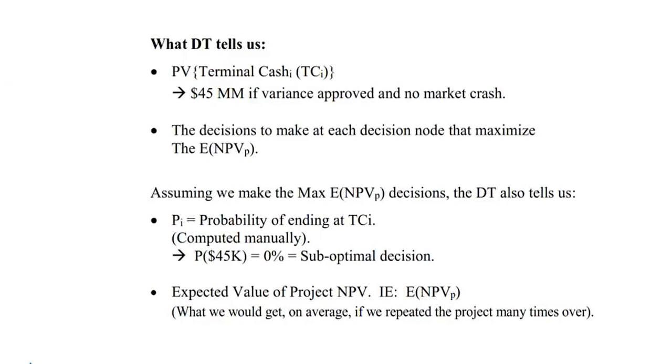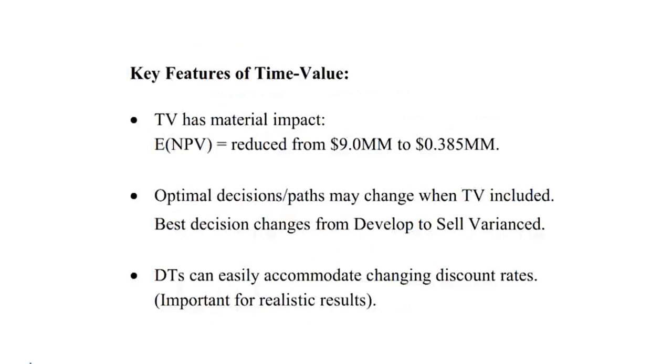So this is, again, going over what the decision tree is telling us, as pretty much we have just looked at it. And again, reiterating the key features here, that this is extremely important. Without considering time value, you're off by millions and millions of dollars, okay?